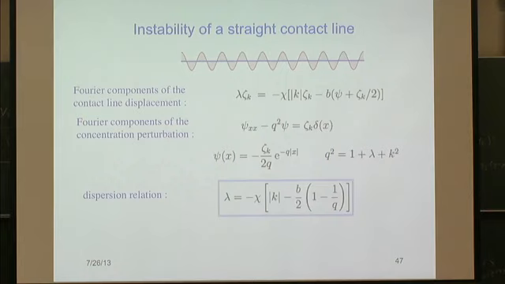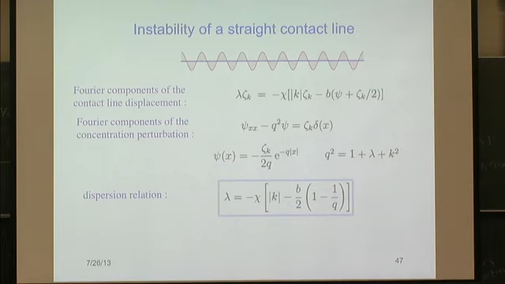Somehow this picture came before the formulas that justified it. Yes, this was for the droplet, but this is for the straight line.